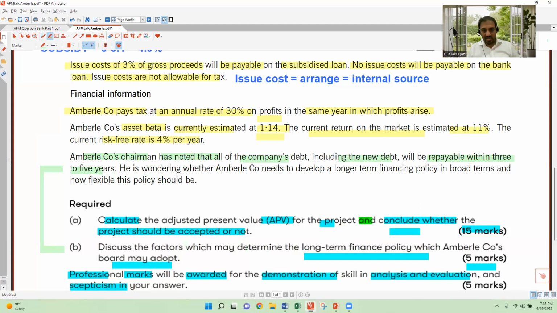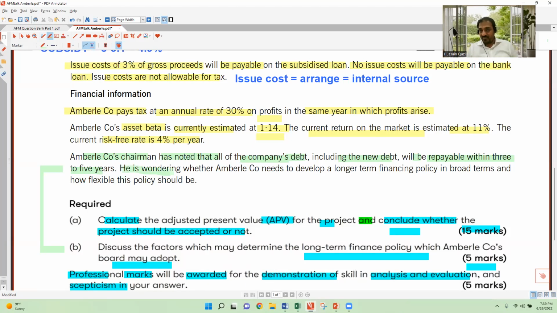They want to withdraw the debts within 3 to 5 years. But how can it be possible?